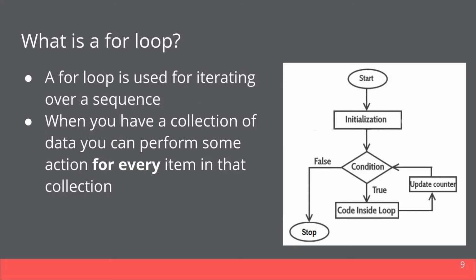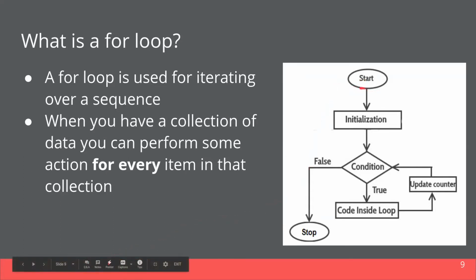When you have a collection of data, you can perform some action for every item in that collection. Okay, so let's say we have 10 things and it's called my things. We can say for item in my things, do something. And the computer, Python, will understand that we mean for each one of these, do this action. Okay, and this is a very, very useful thing to understand.